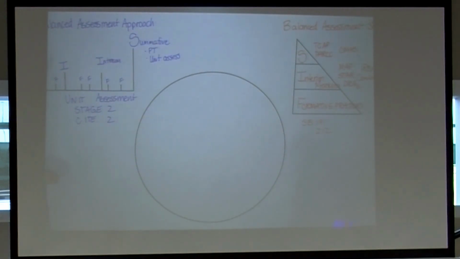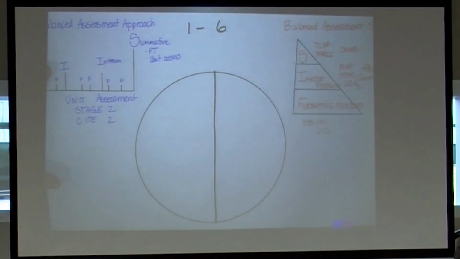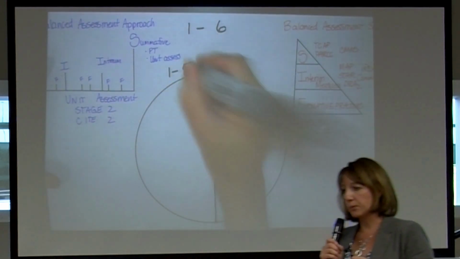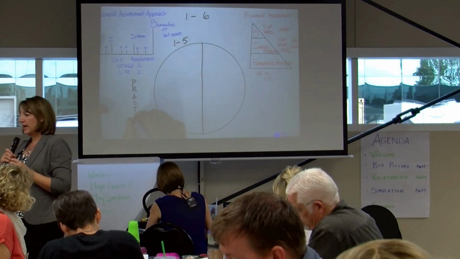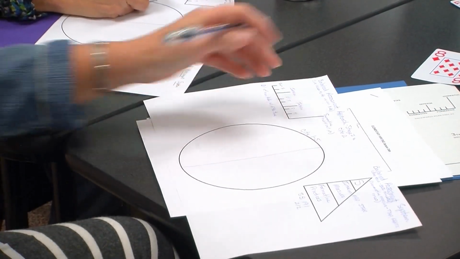The big circle in the middle. We are going to break this down the middle. This is our Cite evaluation. As a whole, it represents Cite 1 through 6. When we break it down the middle, on the left-hand side, is Cite 1 through 5, and that's teacher practice. We've been living with Cite 1 through 5 for quite a few years now. 2 years.